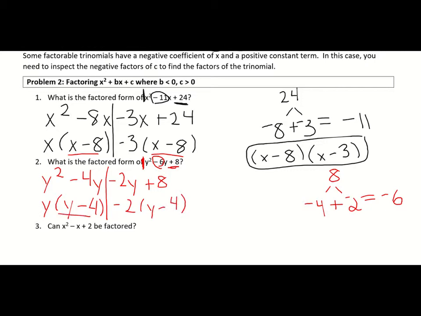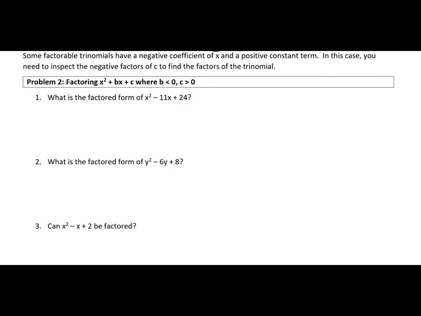The insides match, so that's my first binomial, y minus 4. And the outsides, y minus 2, makes my second binomial. Again, once you've factored it, take the time to multiply it back out and make sure it gives you your original polynomial.